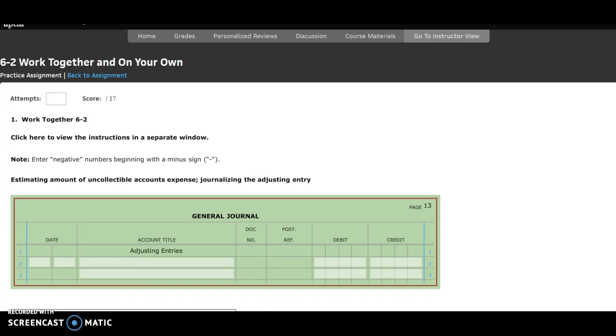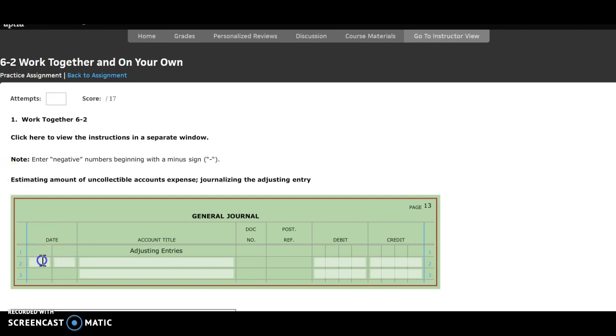So first we need to figure out how much we believe is going to be uncollectible. So we're going to take that net sales, $642,453.29. I'm getting this from the directions. And I'm going to multiply that times the 0.8% that we believe is going to be uncollectible. Okay, so that gives us a number of $5,139.63.